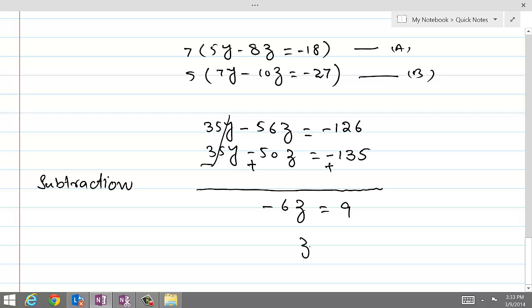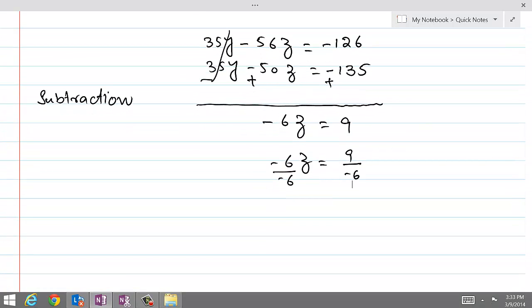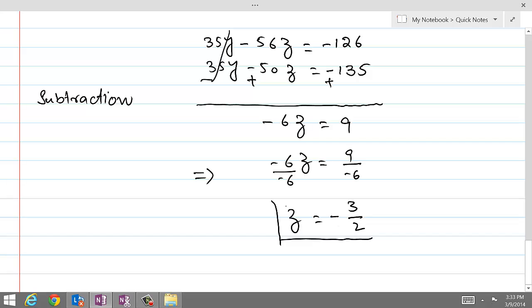So z is equal to 9 over minus 6. We divide both sides by minus 6 to eliminate the coefficient on the left hand side. So z is equal to minus 3 over 2. This is the value for z.